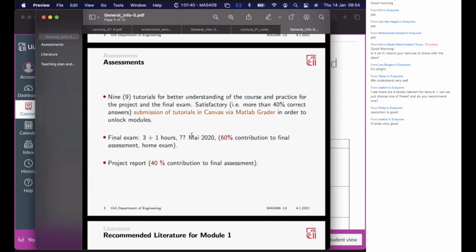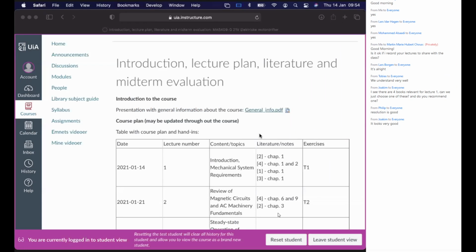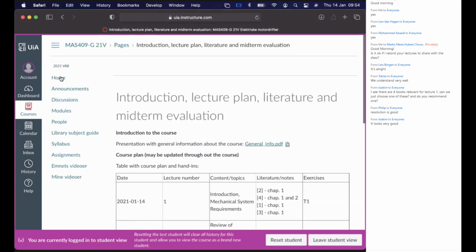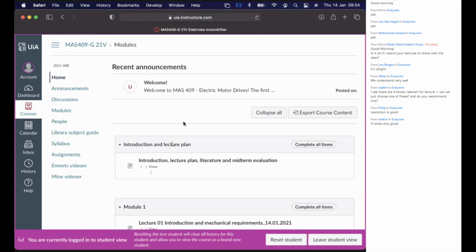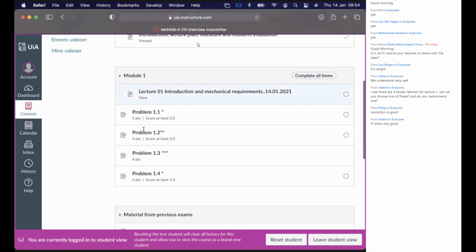So we have 9 tutorials. And what I do is that, okay, I can show you this on Canvas. If you go to the home. Now I only have a module 1, but it will be module 2, 3, and 4. And to unlock module 2, you will have to answer this task in module 1.